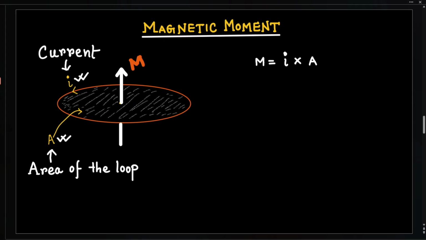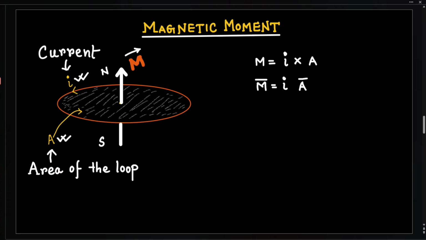We all know that this magnetic moment is a vector quantity, and the direction of the magnetic moment is given by this equation, M equals I times the area vector A. So it can be seen from here that the direction of the magnetic moment is the same as the area vector. Now we all know that this current carrying loop behaves as a magnetic dipole, and one side will be north and one side will be south.